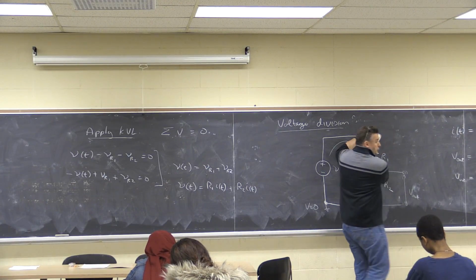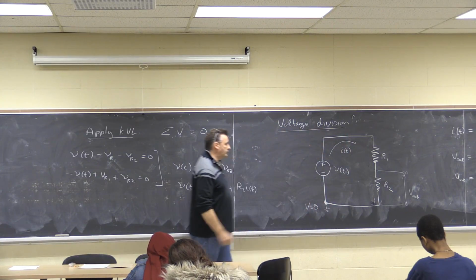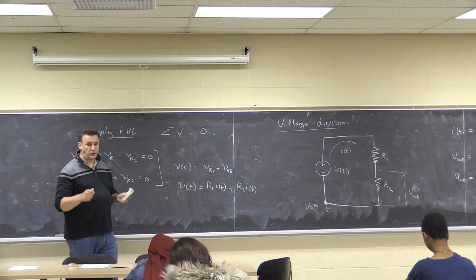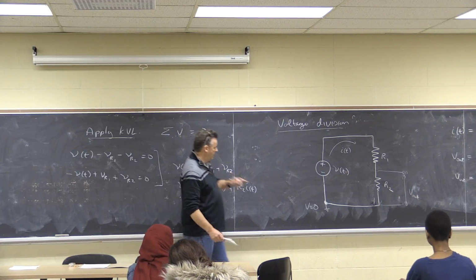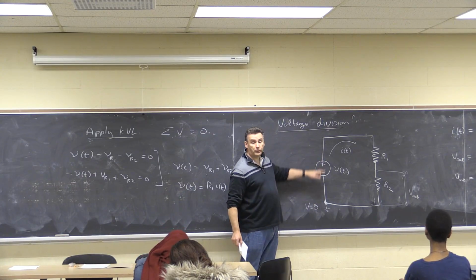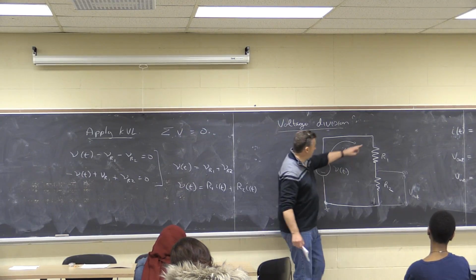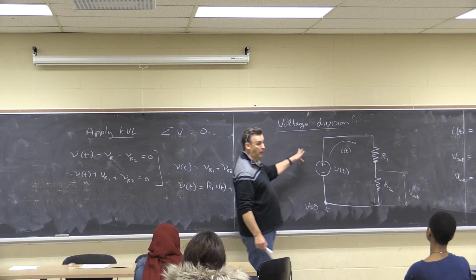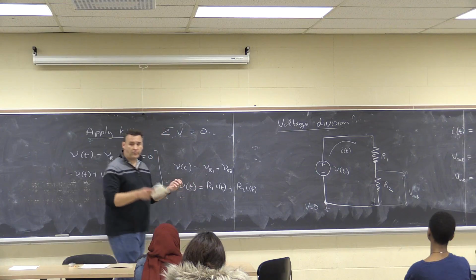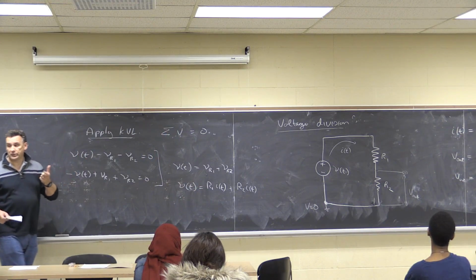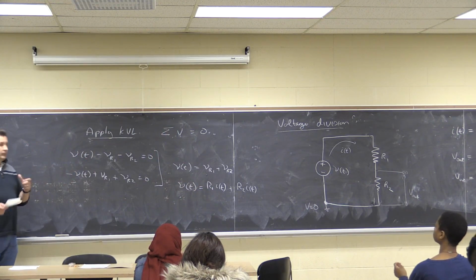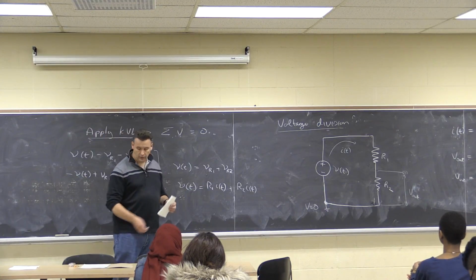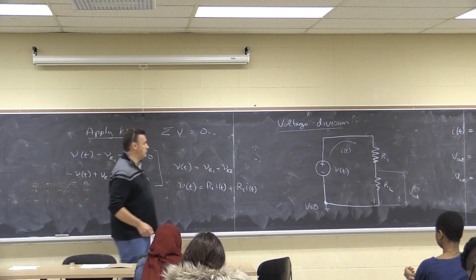And that second voltage would be the voltage across here. But this is called the voltage division rule, and what it means is I've got a certain voltage across here. I've got the same voltage across both resistors because there's no voltage drop in a wire. So what I'm doing is dividing that voltage between the two resistors. And depending on the size of each resistor, I can change the value of the voltage drop.